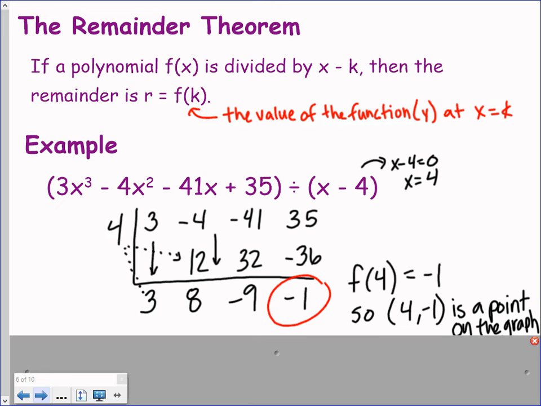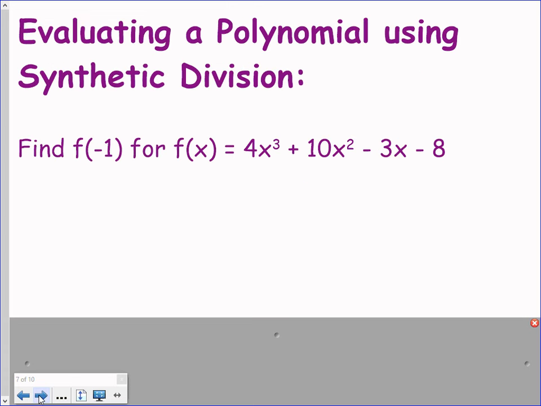So if you're thinking about like an xy table, you have just found a function value, which is a y value, and you now know a point on the graph. We can also then use synthetic division. Notice here we were dividing by x minus 4, and now we know that f of 4 is equal to negative 1. I can similarly ask you to evaluate a polynomial using synthetic division.